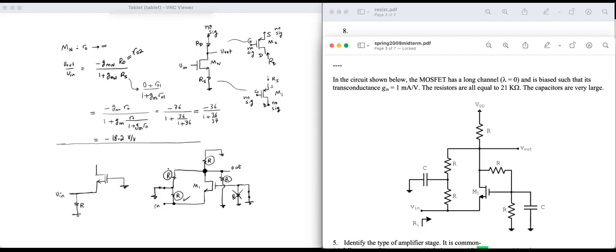And now I have this resistor between the output and ground, this resistor between the output and ground, and this resistor between the output and ground. So three resistors between the output and ground, R to ground, another R to ground, another R to ground. So R, R, R.